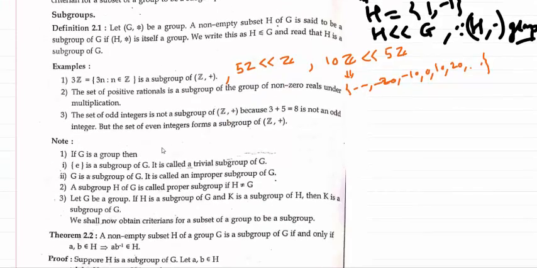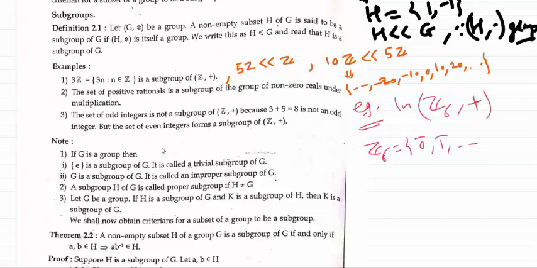Again, if we discuss the second example, all these examples we have seen in the last lecture. In Z6, we know Z6 under addition modulo 6 is a group. In Z6 there are elements like 0 bar, 1 bar, 2 bar up to 5 bar.